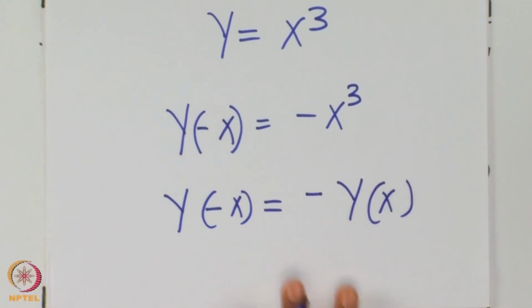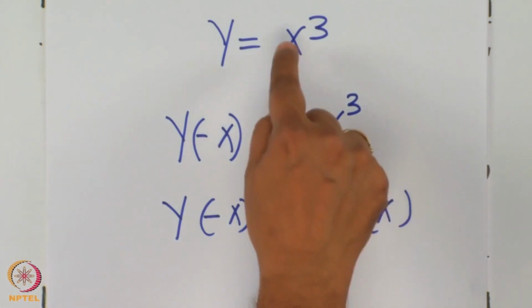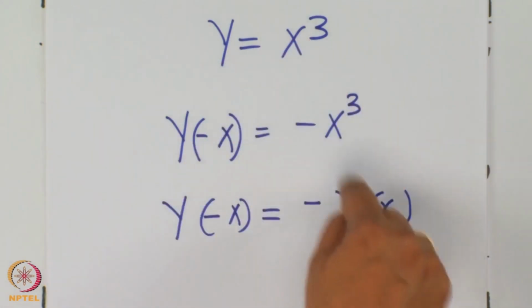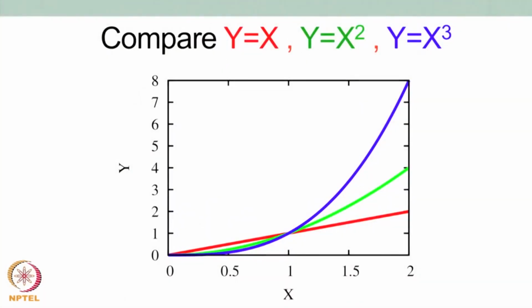I want you to think about it and get used to this kind of language. What I am trying to say is that minus x cubed is nothing but a minus sign, minus 1 times x cubed, which you can see here. Think about it. Only by thinking about it will you learn this.